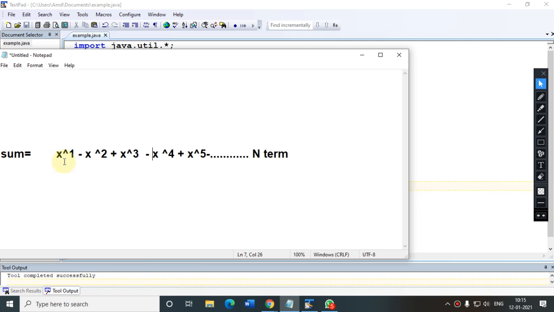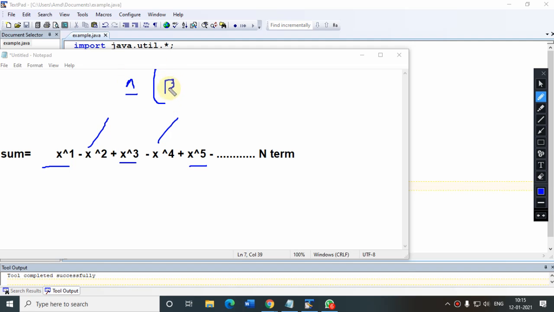The first term is positive, then the second is minus, then again alternate. It is happening alternately. Here it is positive, positive, positive. Then it is negative, negative, and the next would be negative. And you need to print the sum of the following series for n terms, where this symbol is known as the caret sign, and this is the power symbol. Please try this question.